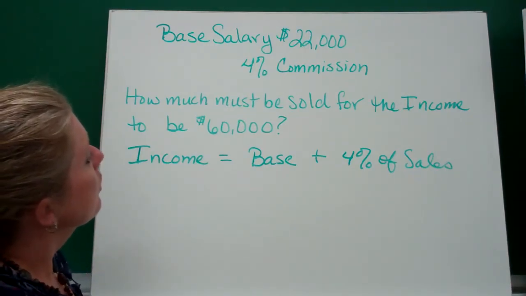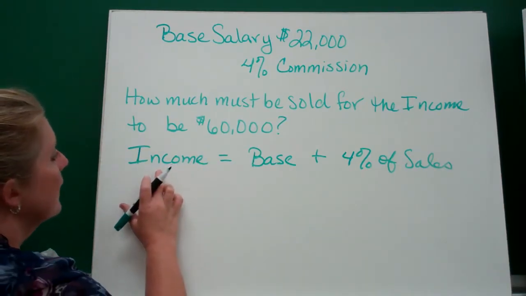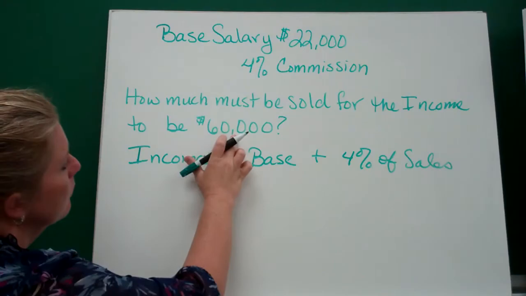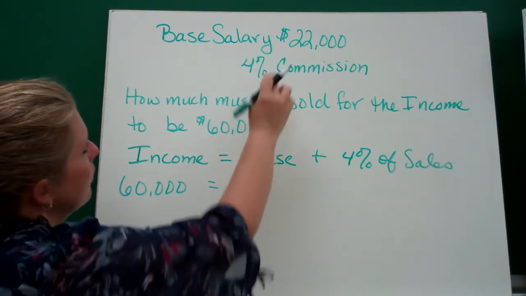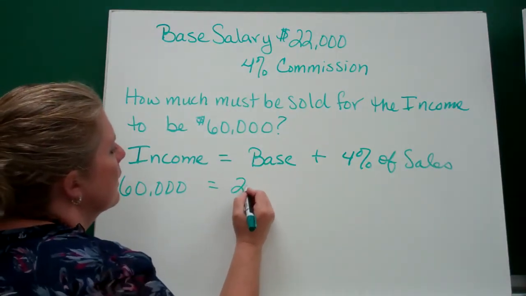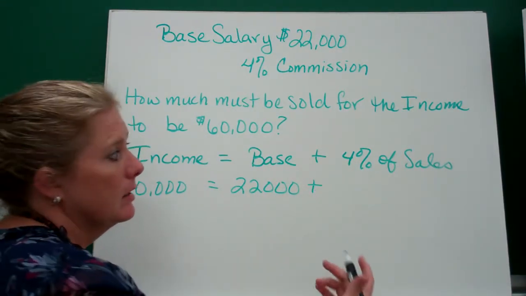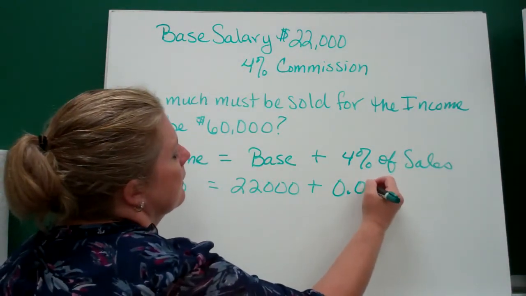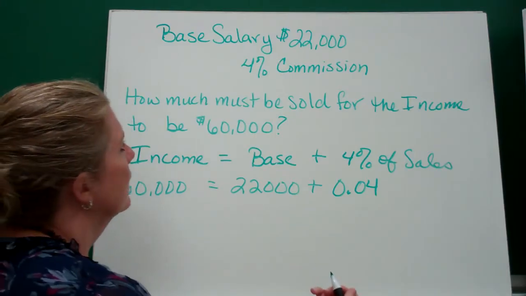Here we can plug in the information that we know. We want the income to be $60,000. We know the base is $22,000 plus 4%. When we're calculating with that, we have to move the decimal or divide it by 100.